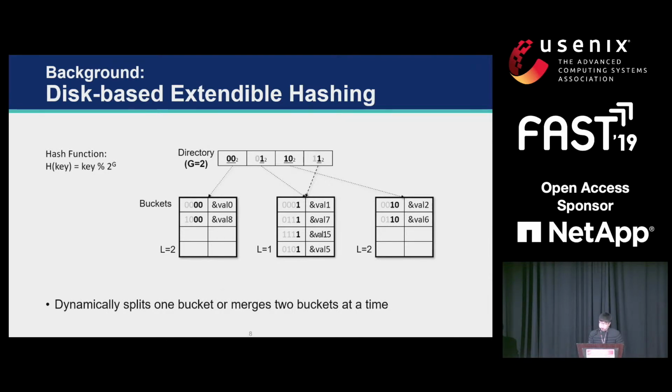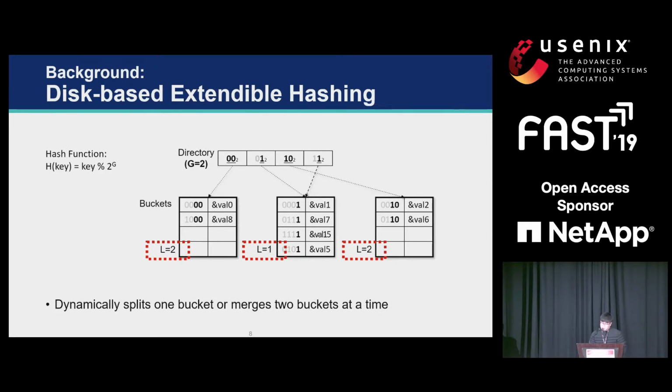Extendable hashing consists of multiple buckets instead of a single associative bucket. Since extendable hashing splits one bucket at a time on demand, it manages pointers to buckets in a separate data structure called the directory. The directory has a global depth, which indicates how many bits are used to find the correct bucket. And each bucket has a local depth, which indicates how many bits are in common.